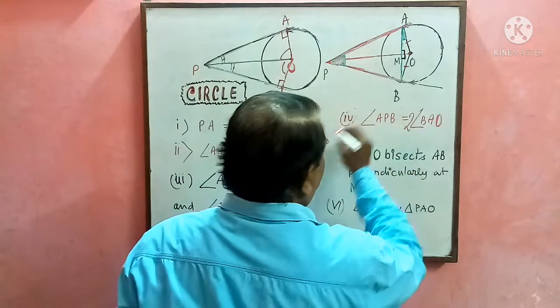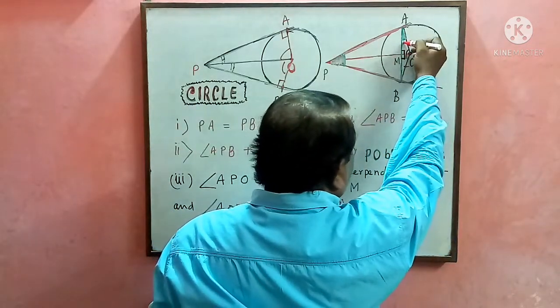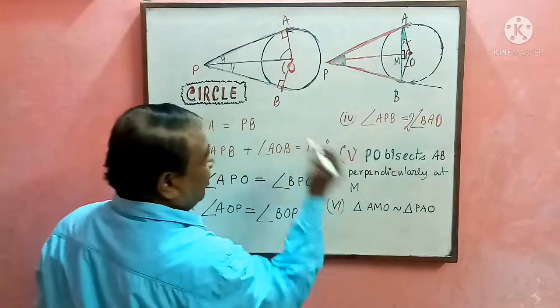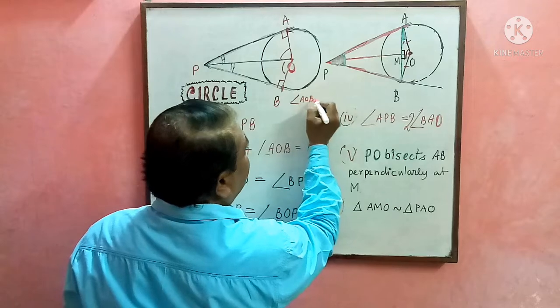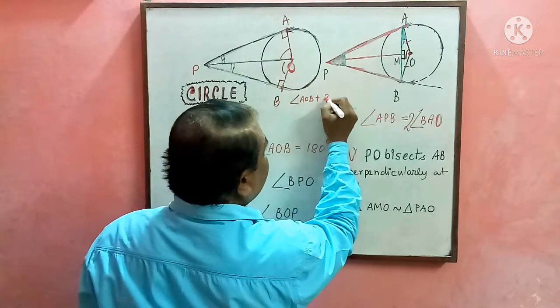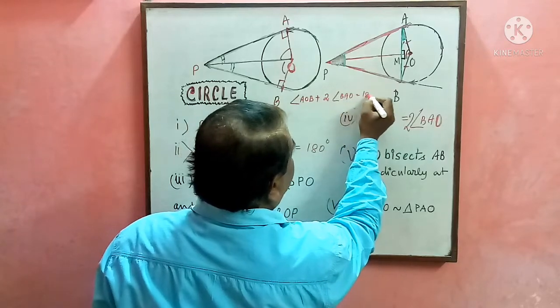So obviously, this angle plus twice this angle will be 180. That means angle AOB plus twice angle BAO is 180 degrees.